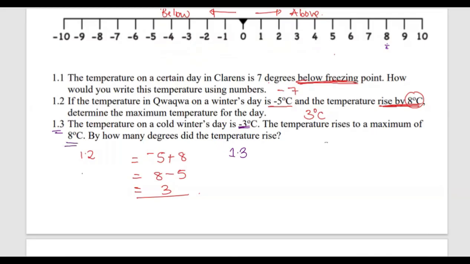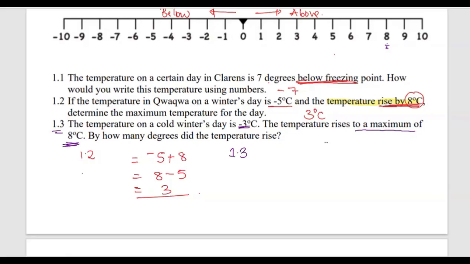In question number 1.2, take note, it told us the temperature rose by 8. Now the question is asking us, the temperature rises to the maximum here, 1.3. It's telling us to the maximum. The temperature rises to the maximum of 8. That means the final answer is 8.